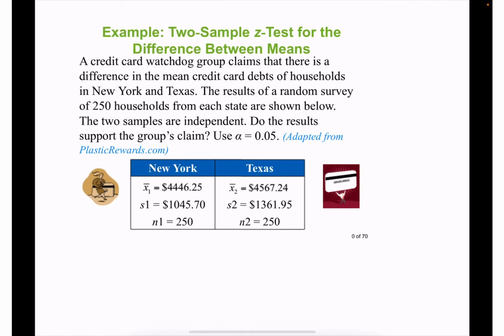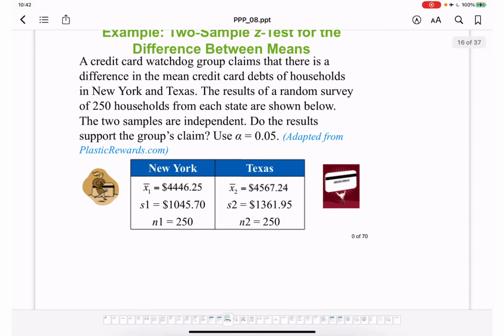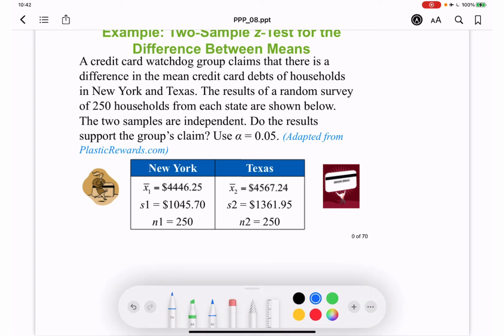So here is our problem. Example: two-sample z-tests for the difference between means. A credit card watchdog group claims that there is a difference in the mean credit card debts of households in New York and Texas.